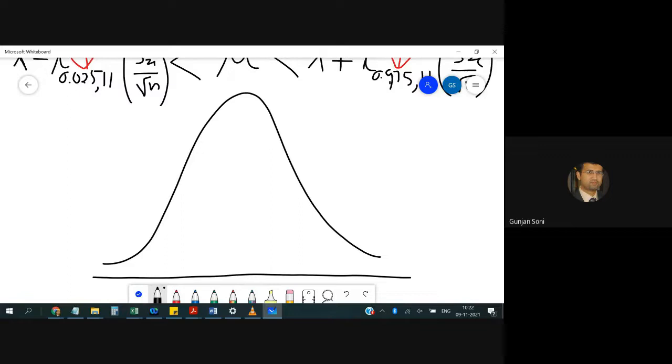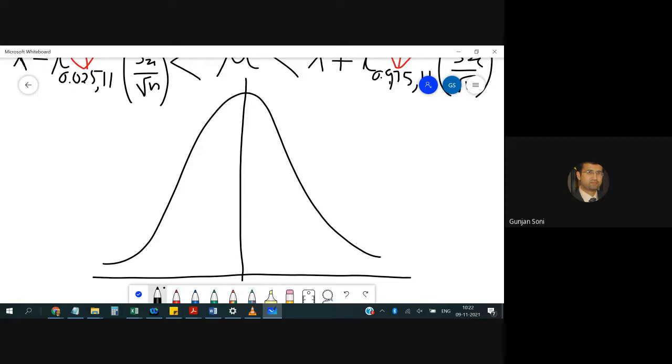Because the number of observations is lesser than what value? 30. Yes, 30. There's a whole reason behind that, so we are not going to go into why 30. It is because of the central limit theorem in statistics.